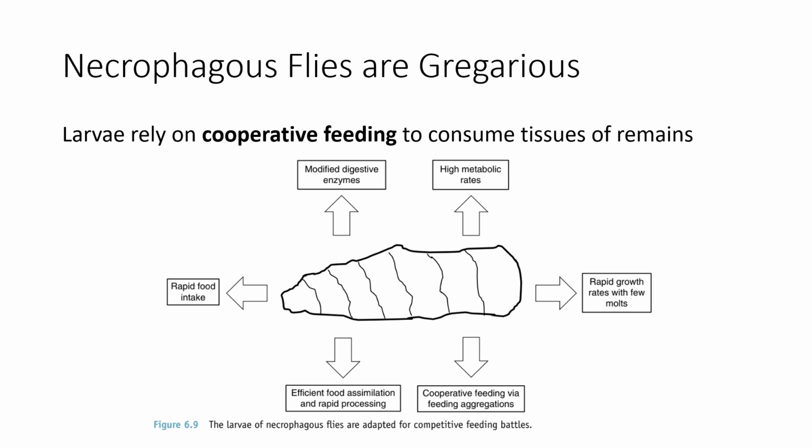The goal is to break down those tissues. When you have multiple individuals, not only is that tissue being broken down, but it's also being taken up very, very rapidly. So again, some individuals are going to actually lose out because while they're also contributing those enzymes, they might not make it to the carcass itself in time to actually feed on the tissues.